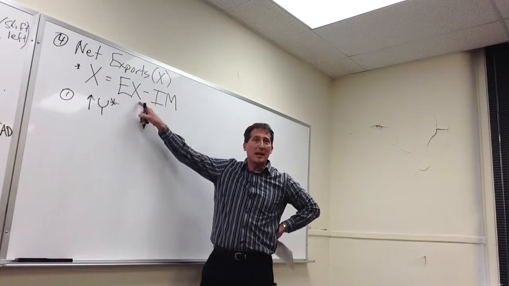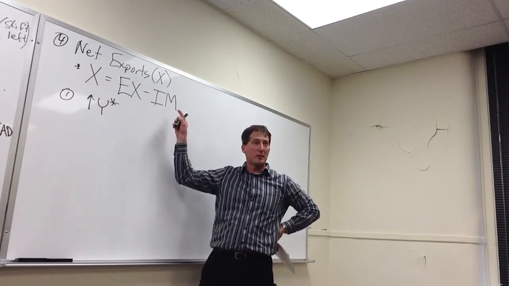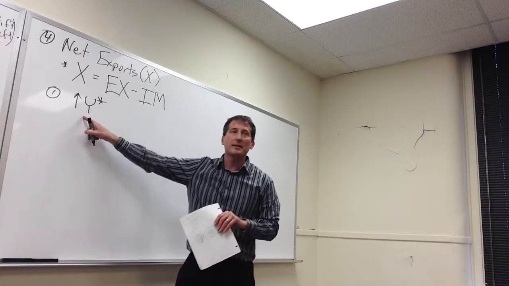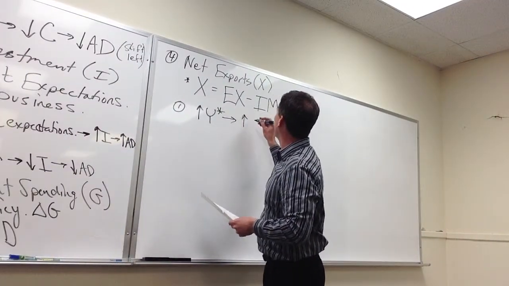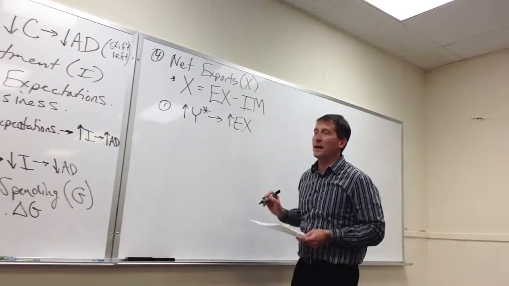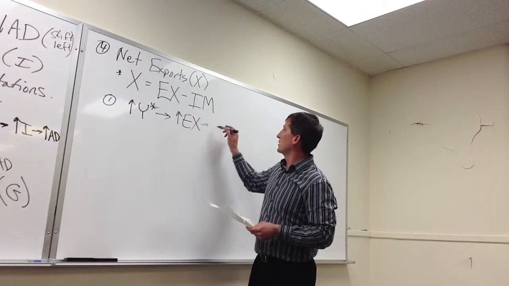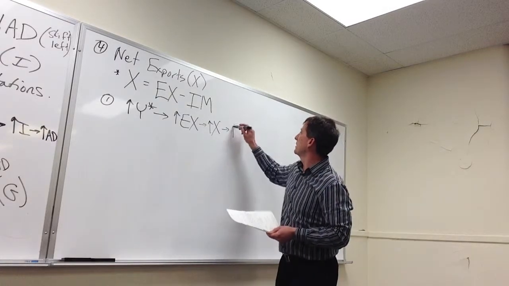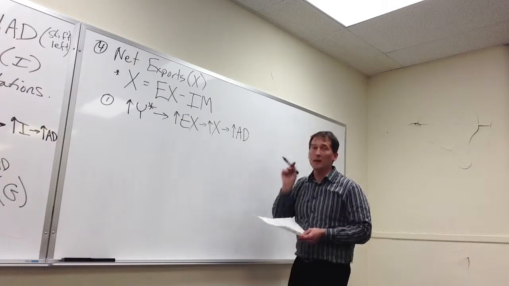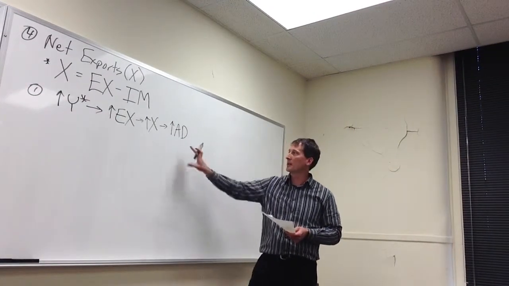Now these are U.S. exports. They're buying more stuff from us. So an increase in income from foreigners leads to an increase in our exports, which is really an increase in big X, which is an increase in aggregate demand for the United States, for the domestic country.